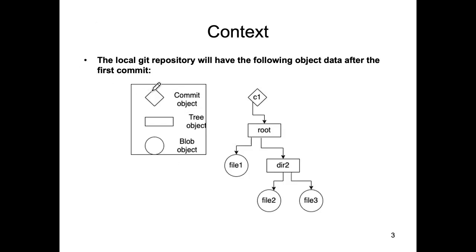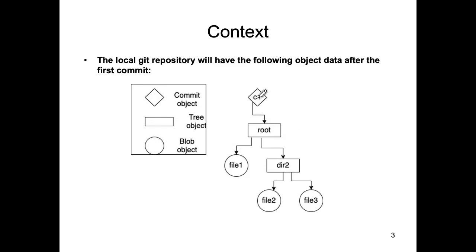I've decided arbitrarily a diamond is going to represent a commit object, a box a tree object, and a circle a blob object. So having done the initial commit of my project from the previous slide, this is the set of objects that are going to be inside my repository.